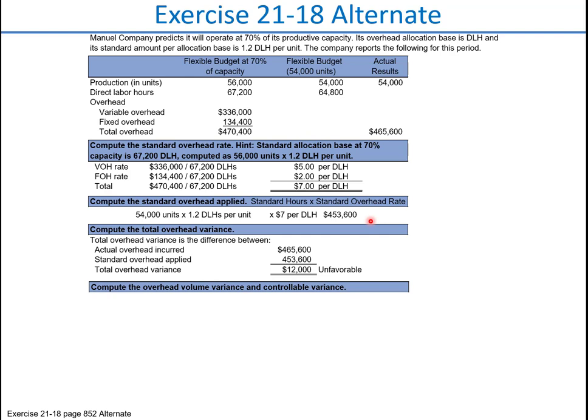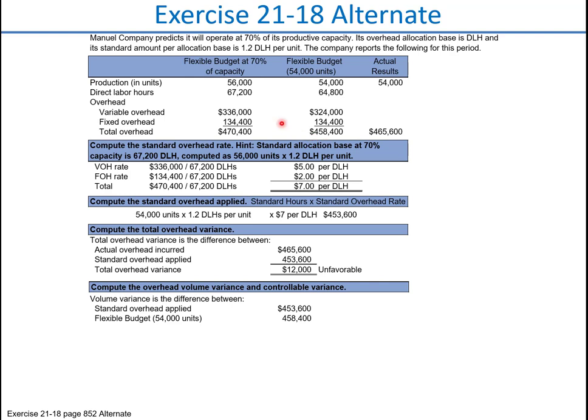Now we will look at separating this variance into the volume variance and the controllable variance. The volume variance is the difference between the standard overhead applied, which is here. This is what it should have taken them: 54,000 actual units times the 1.2 times $7, $453,600. The flexible budget, based on their actual results, is listed up here.